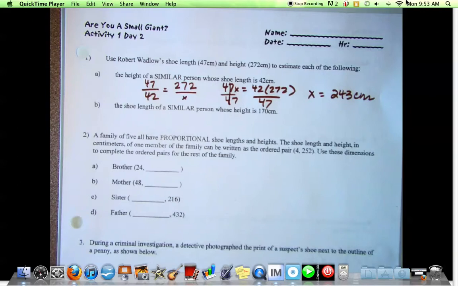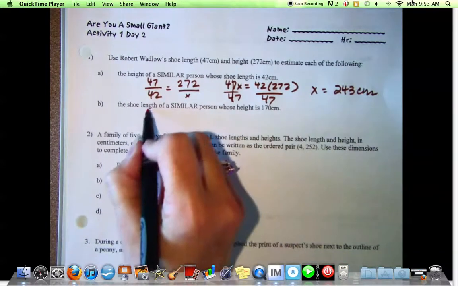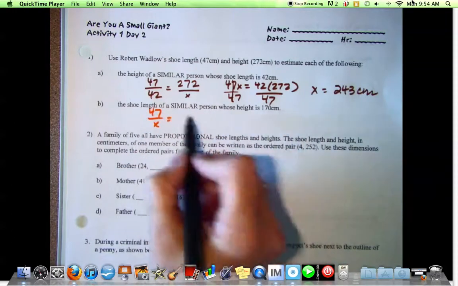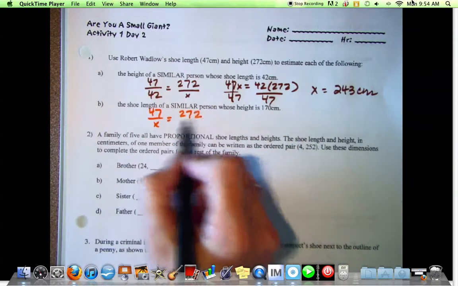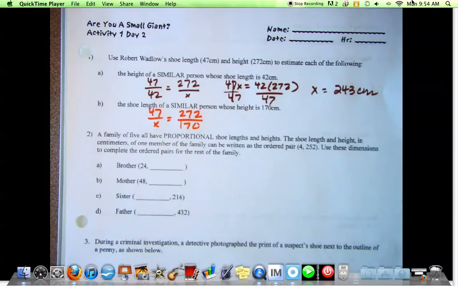The shoe length of a similar person whose height is 170. So how am I going to set it up this time? 47 over x equals 170. Now what do I do?